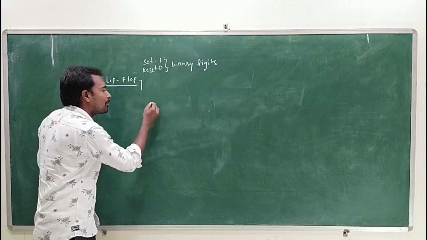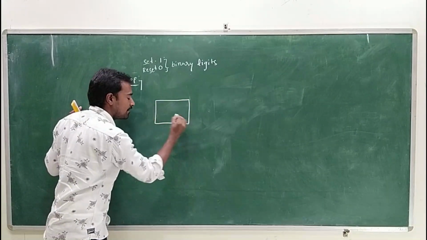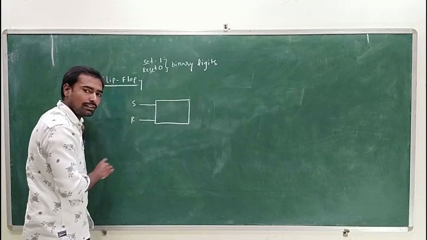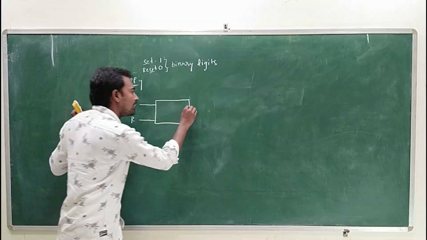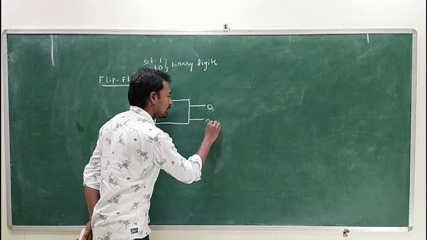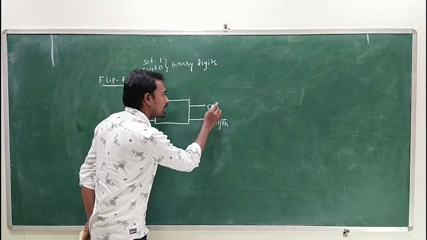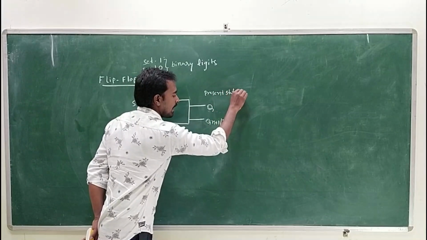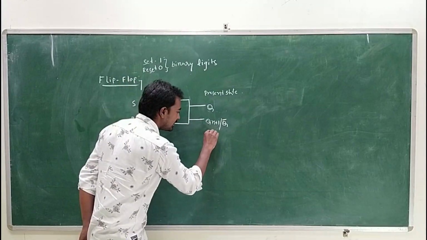The basic symbol for the SR flip-flop has two inputs, S and R, where S indicates set and R indicates reset. We get two outputs: Q, the present state output, and Q bar or Qn plus 1, the next state.